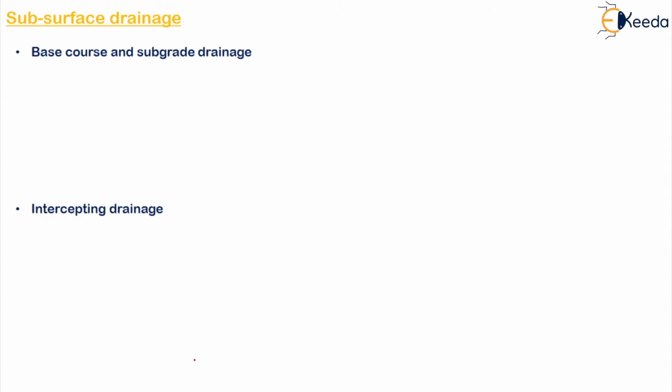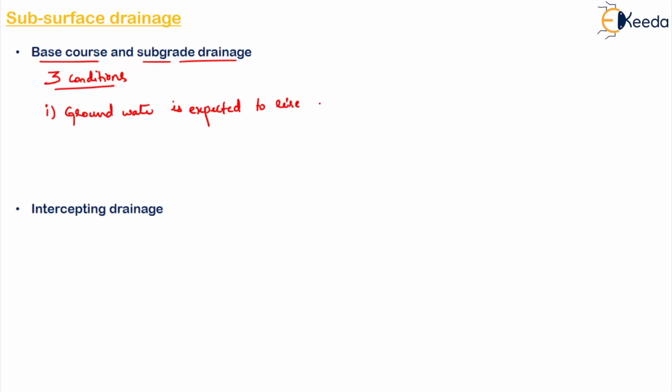Right. Moving on to the next point that we have to understand, the base course and the subgrade drainage. Normally, base course or subgrade drainage is required in the following three conditions. The first condition is if the groundwater is expected to rise to the level of the base course.